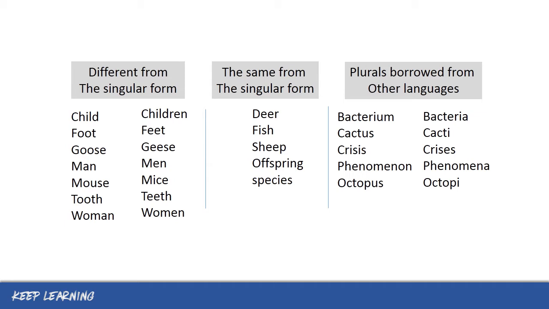Singular cactus, plural cacti. 1 crisis, 2 crises. 1 phenomenon, 2 phenomena. And 1 octopus and 2 octopi, right? That's what you have when you have singulars and plurals. That's what is new about nouns.